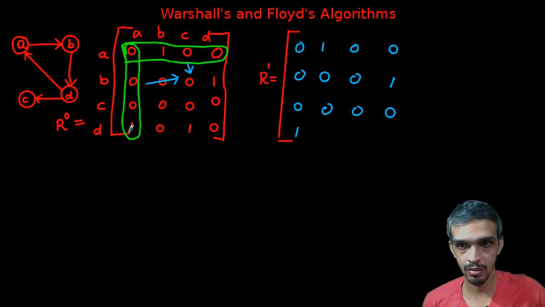Next here, this one, 1 and 1, 1, or 0, which is 1. So we have a change of value here. 1 and 0, 0, or with 1, 1. So 1 itself, 0.